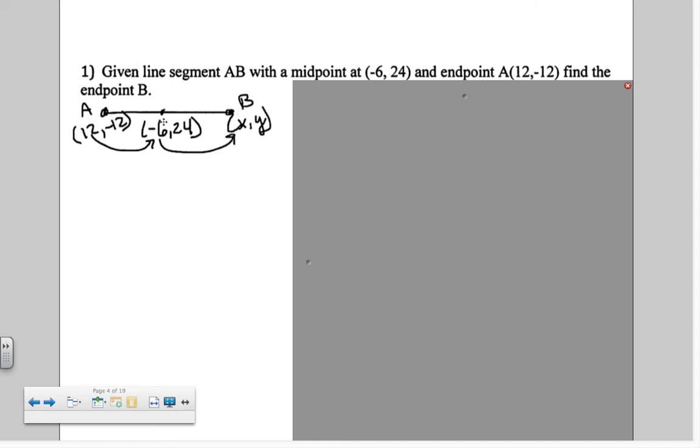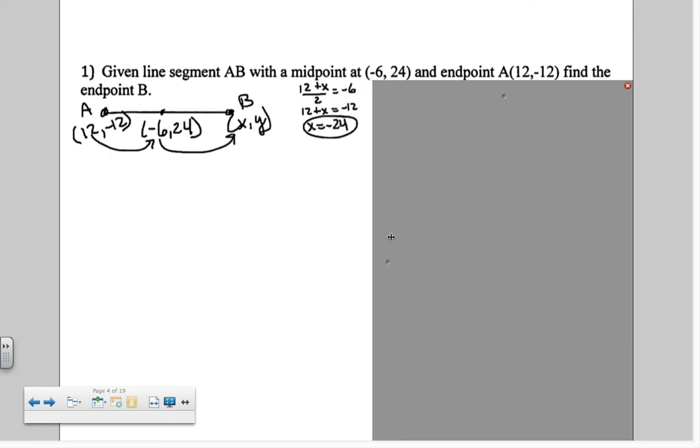Now that I have my model, I can see that I need to solve for this. Knowing that this is a midpoint, I can use my midpoint formula, x1, 12, plus x2, x, divided by 2 should give me -6. So if I'm solving for the x's, I get 12 plus x divided by 2 gives me -6. Multiply by 2 and then subtract 12, I get that x is -24.